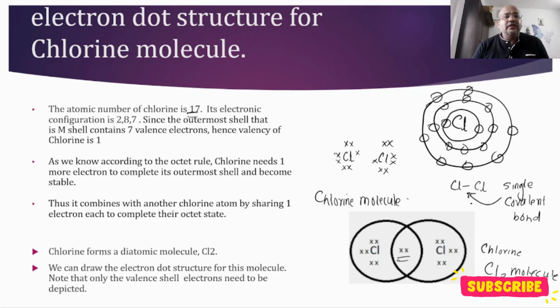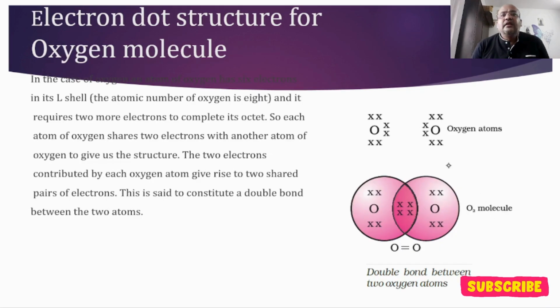Alright, now let us see one more example: the electron dot structure of the oxygen molecule. What is the atomic number of oxygen? We know that it is 8, so my electronic configuration will be 2 and 6.